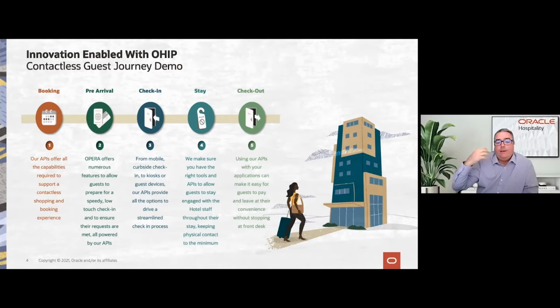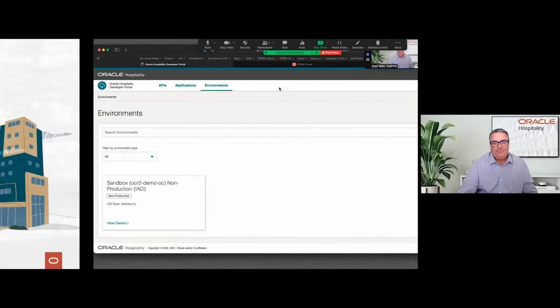So we make sure that our APIs provide all the right tools to allow the guests to stay engaged with the hotel staff throughout their stay, but keeping physical contact to a minimum. And then last but not least, we do offer through our APIs the ability to check out. We make it very easy for our guests to pay their bill and leave at their convenience without even having to stop at the front desk. So with that, let's jump right into the demonstration.